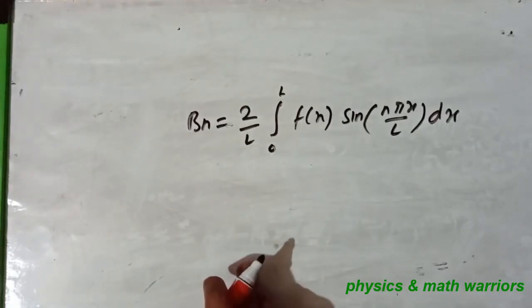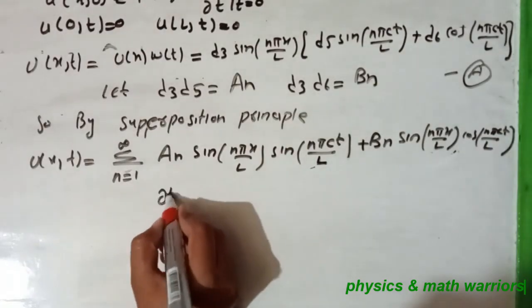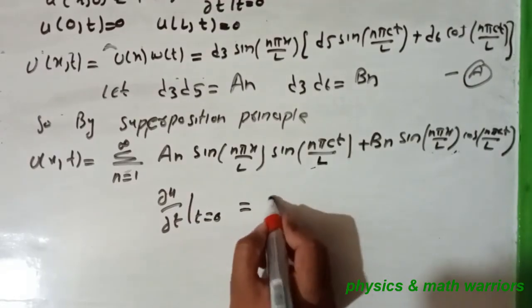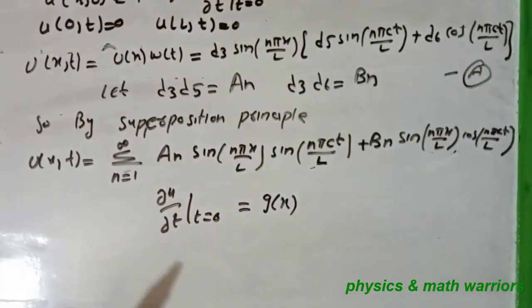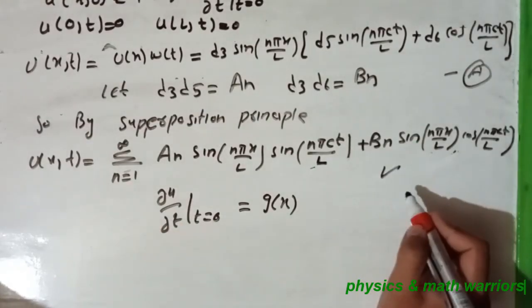Now we will find the value of an. We will use the second condition, which is partial u over partial t at t equal to 0 is equal to g of x. It means take the partial derivative of this equation with respect to t.